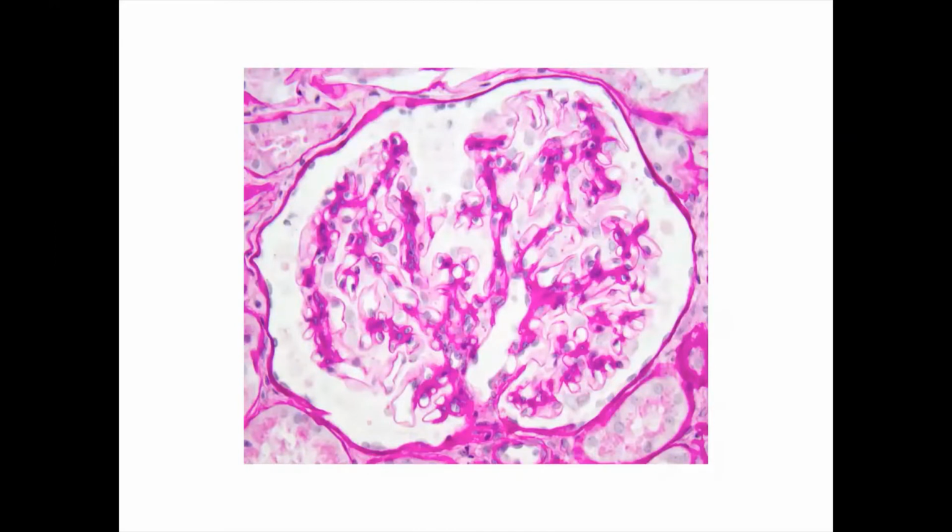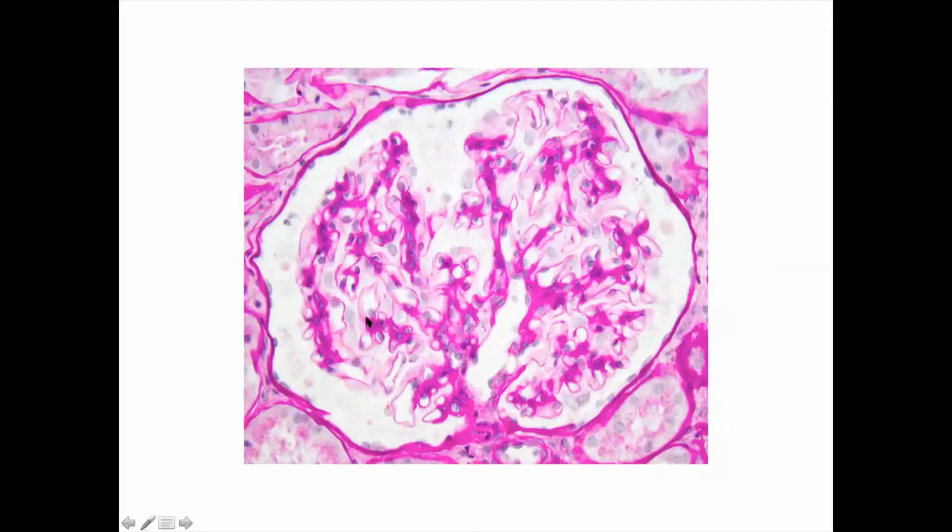We are seeing the normal glomerular basement membrane. It is not thickened. Endothelial cells are flat. Podocytes are not activated. Mesangium is just normal. There is no expansion of the mesangium. There is no hypercellularity within the mesangial cells.